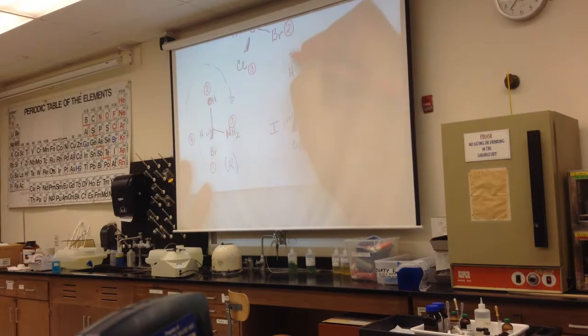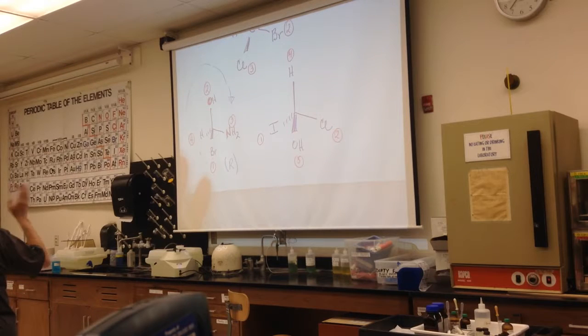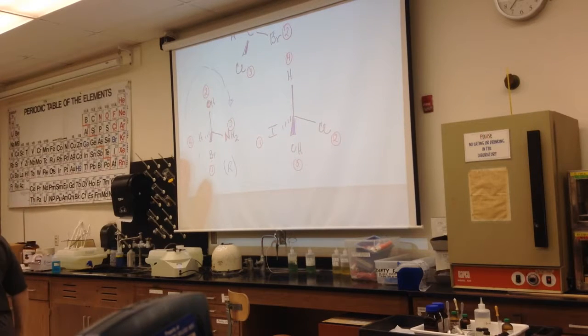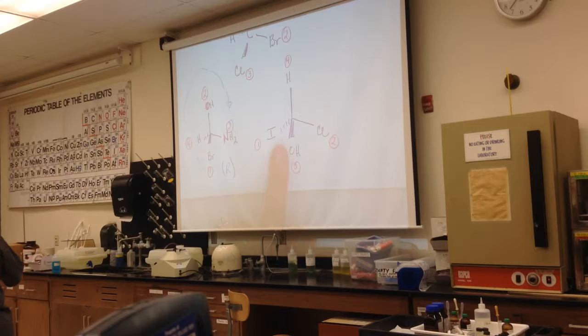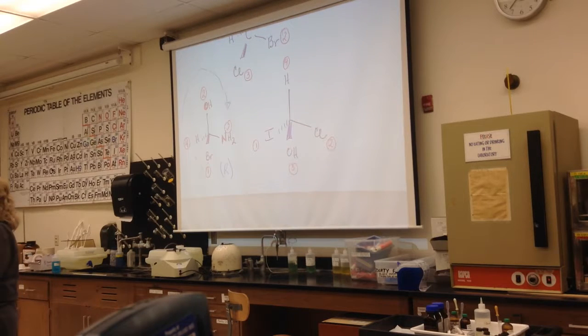Hydrogen is a 4. The iodine is going to be number 1. Chlorine is number 2. The OH is number 3. By convention, you cannot assign it just yet. You have to rotate, and you have to put number 4 in the back, and in the back is the dash. So at this moment, you cannot assign R or S until you physically, or in your head, can figure it out. At this time, I give up.